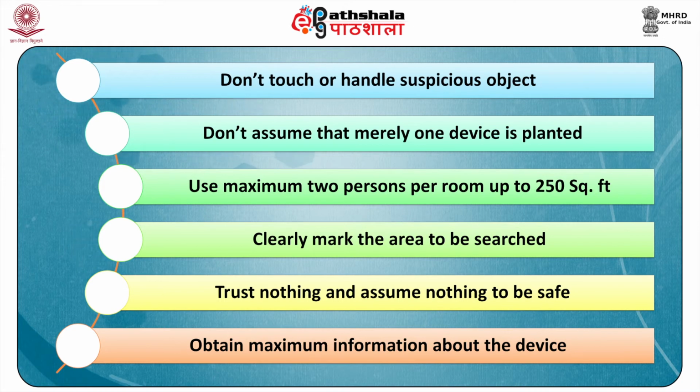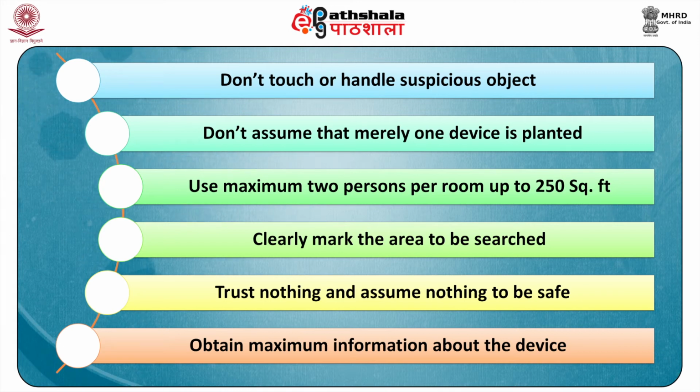1. Don't touch or handle a suspicious object. 2. Don't assume that merely one device is planted. 3. Use a maximum of 2 persons per room or for any area up to 250 square feet. 4. Clearly mark the area to be searched. 5.